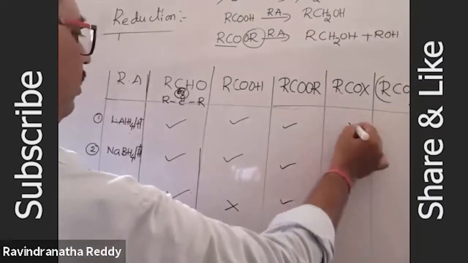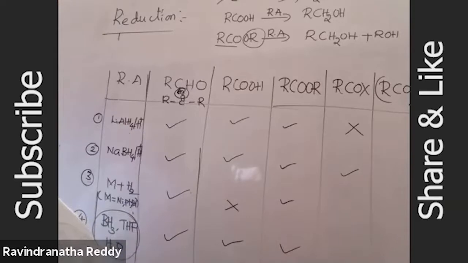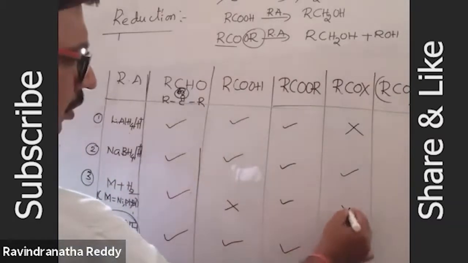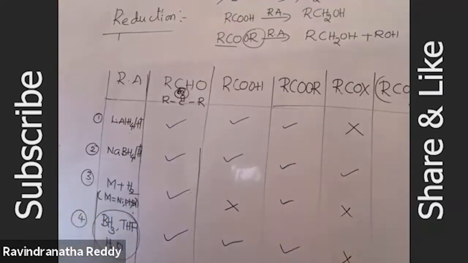So for the acid halide condition, use sodium borohydride.